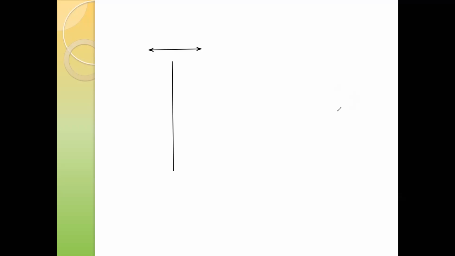And a person is standing at position A. Because whenever something vibrates, it produces sound. So a person is at position A, but he's not able to hear the sound. So what might be the reason why the person is not able to hear the sound?